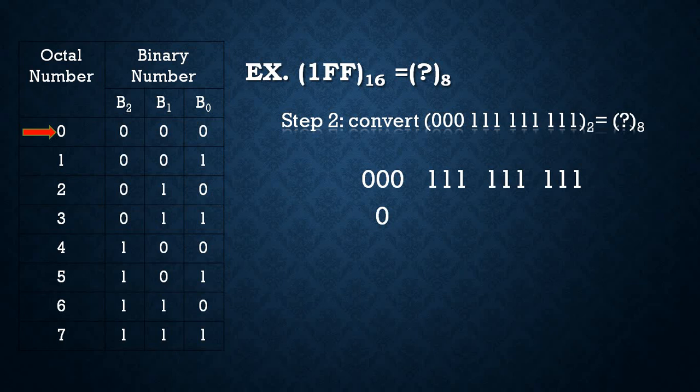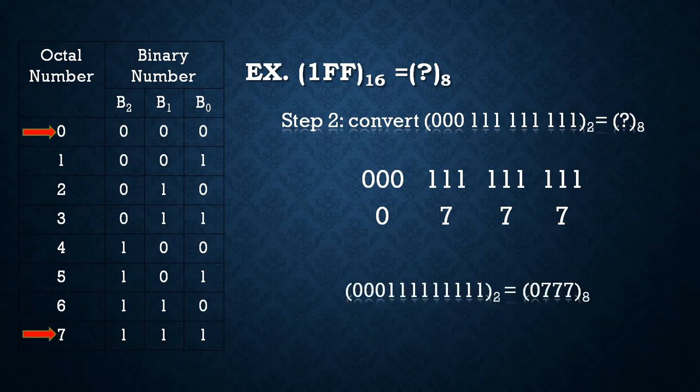For 111 we get octal 7, we write here. Again for the next it is the same 111, we write 7 here. And for the next group we get octal 7, we write here. Again we combine the result and write it as 0777 to the base 8.